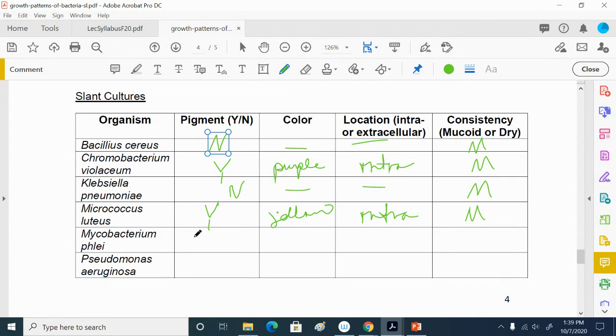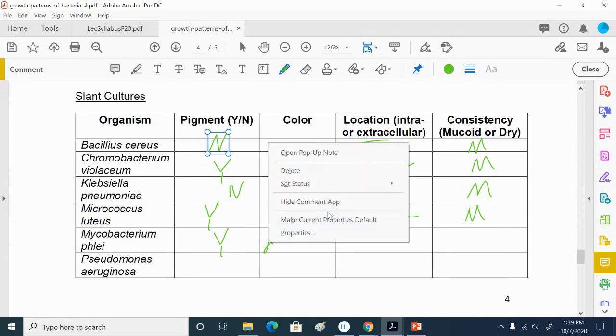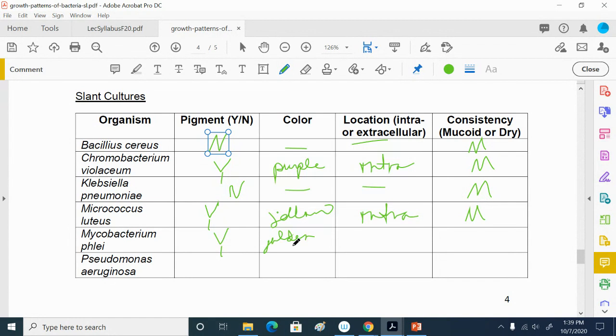Is there a pigment? Yes, it was golden yellow. The pen doesn't pick up, but it's a golden yellow.